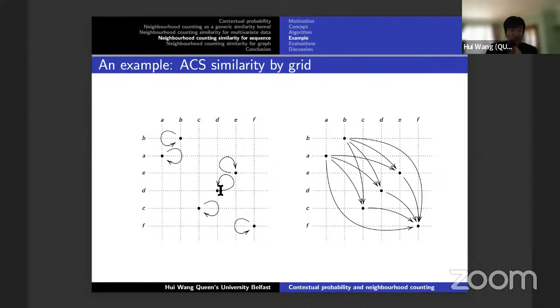So each dot corresponds to one common symbol in both sequences. That is the starting position. Then we draw arrows in the bottom right direction from every black dot. From this black dot, we can draw an arrow to this one, because this one is to the right and down.